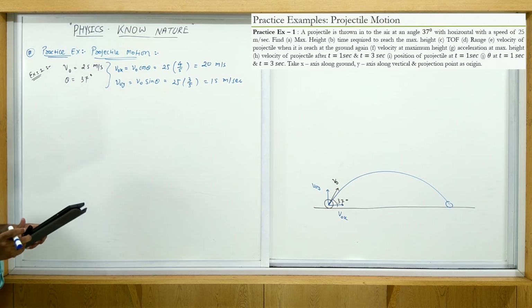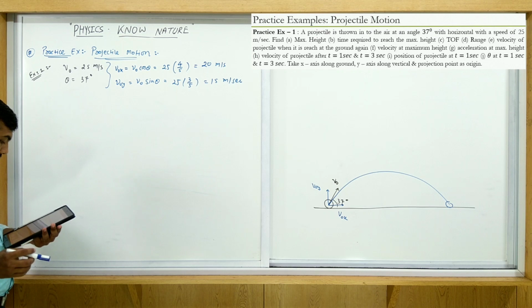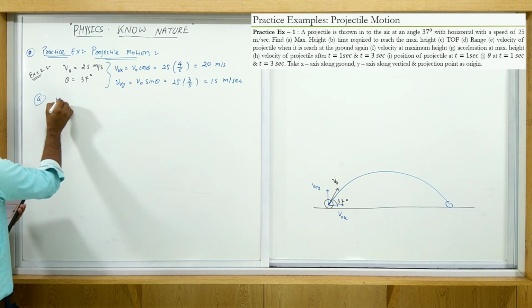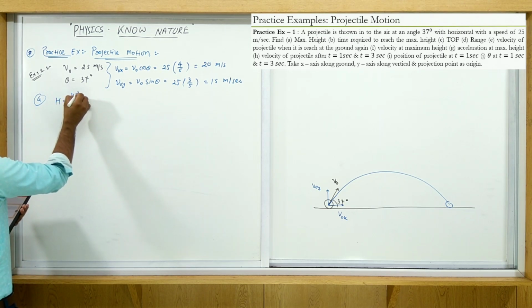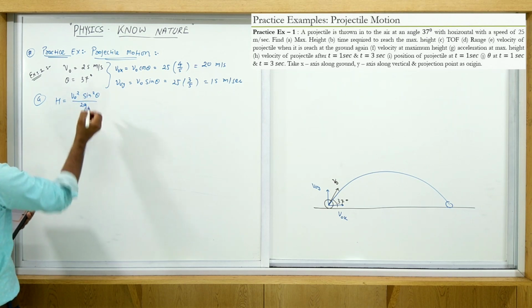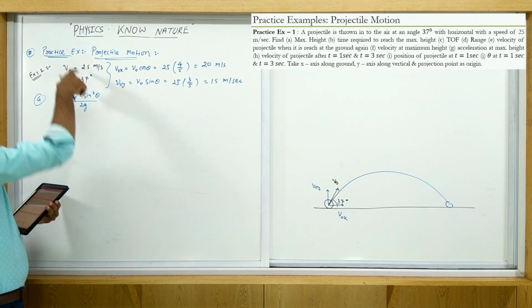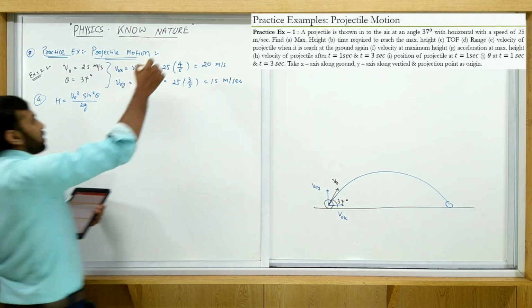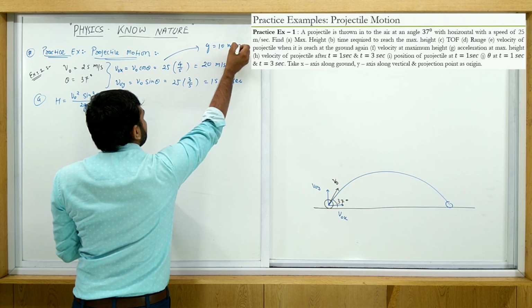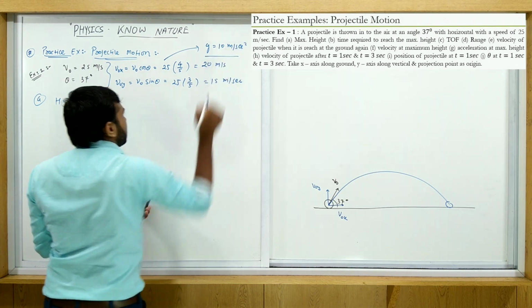First one, maximum height. Let's write this equation because we know all these equations. Maximum height h is equal to v0 squared sin squared theta upon 2g. Now v0 is given, theta is given, and take g equal to 10 meters per second squared.